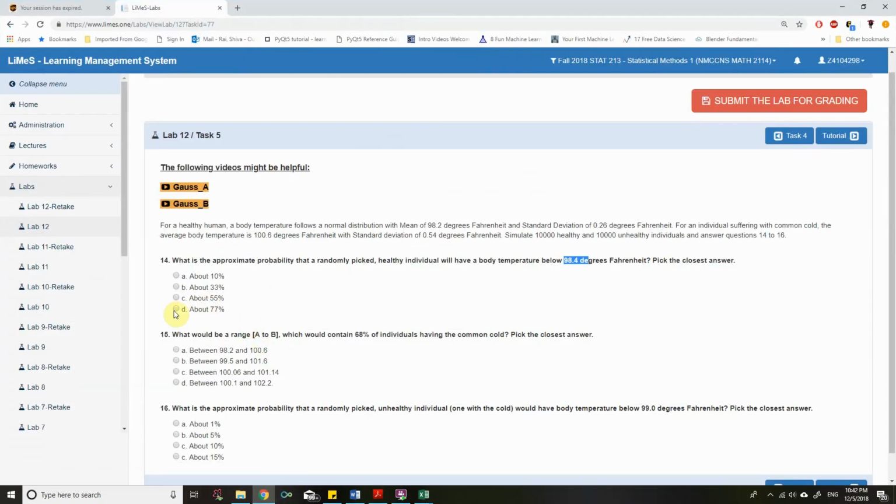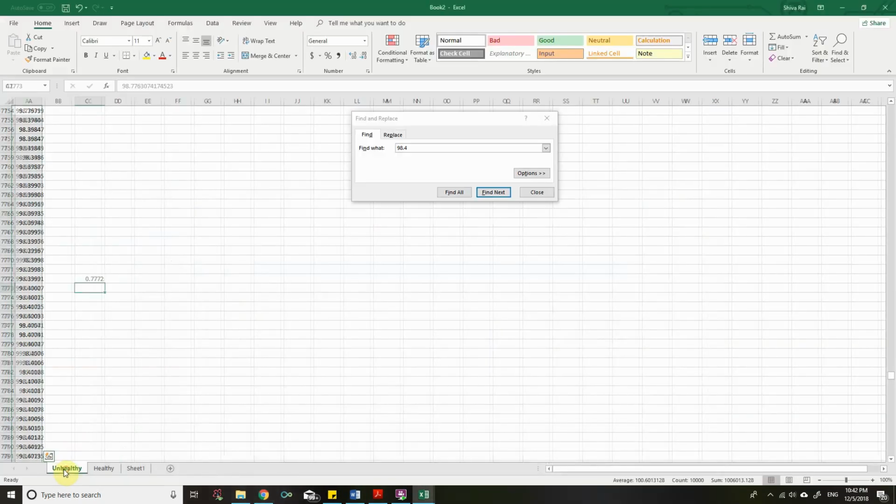Now what would be a range which would contain 68% of the individuals having common cold? Having common cold means the people are unhealthy, right? Yeah. So let's go for the unhealthy population, this one.